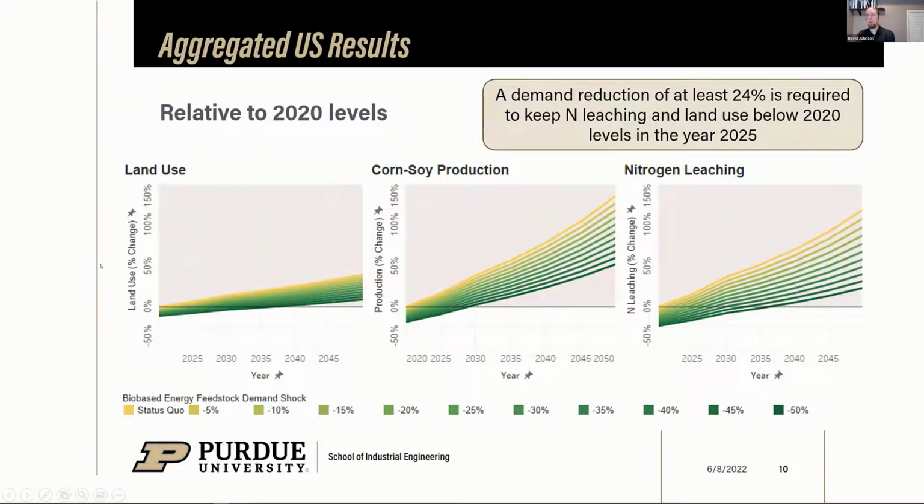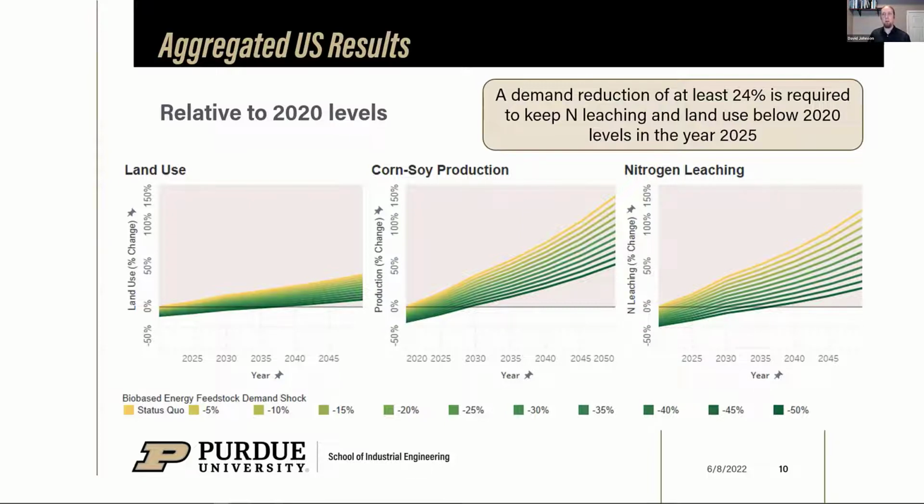So if we're thinking about this now in terms of reducing demand for biomass, for bioenergy, in order to mitigate the stress of population and income change, then we can do a threshold or break-even analysis here and find that if we wanted to keep nitrogen leaching and land use below 2020 levels until 2025, then a demand reduction of at least 24% would be required in order to achieve that.